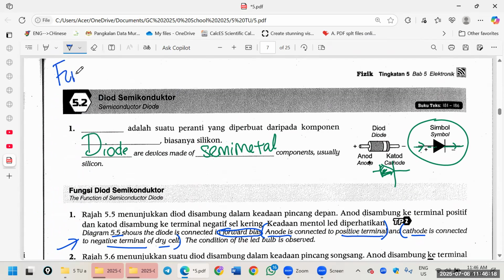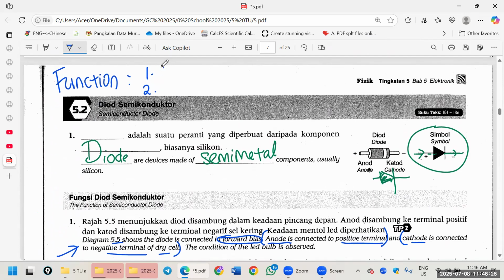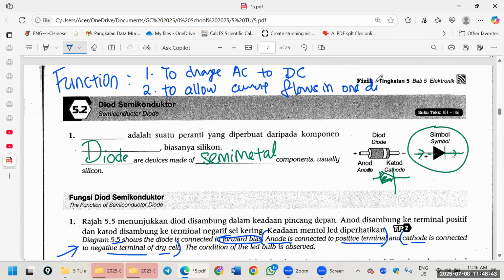I write here, function. Okay, Kiran, you sit down first, I'll call you later. The function is to change AC to DC. Another one, to allow current to flow in one direction. Okay?